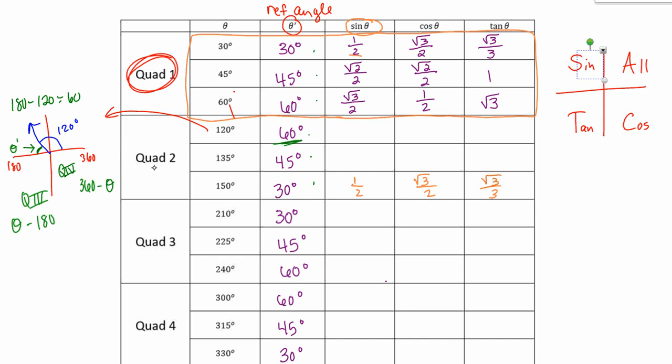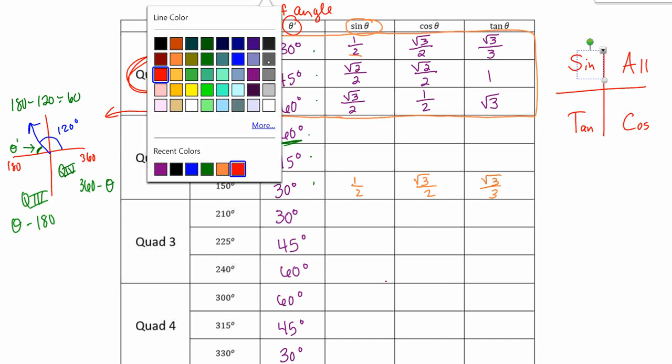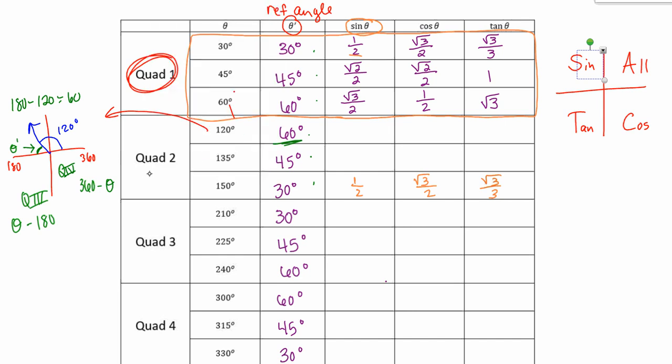So in quadrant 2 right here, quadrant 2, sine is positive. Everybody else is negative. So the cosine is actually negative, the tangent is negative. Whatever this value is, it's going to be negative, negative, negative.